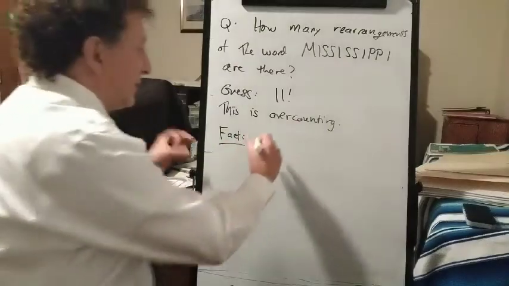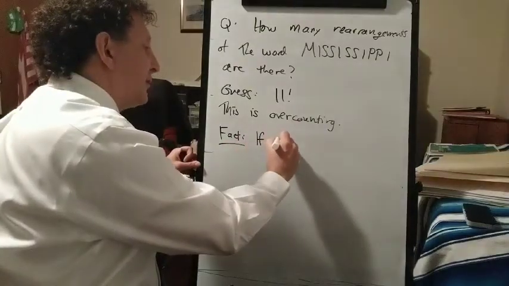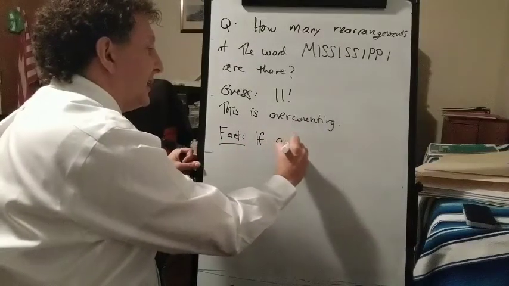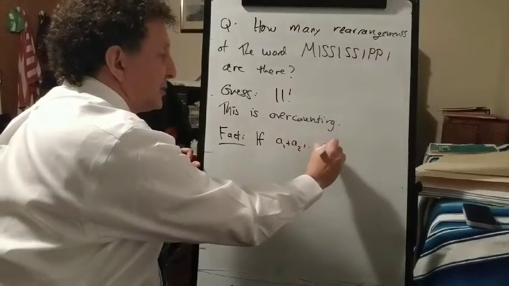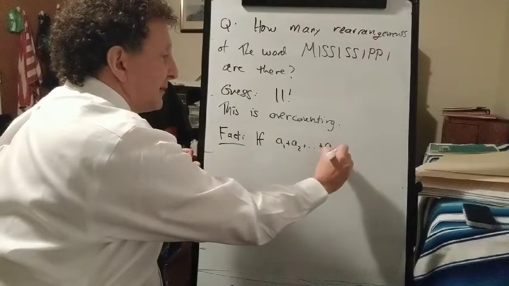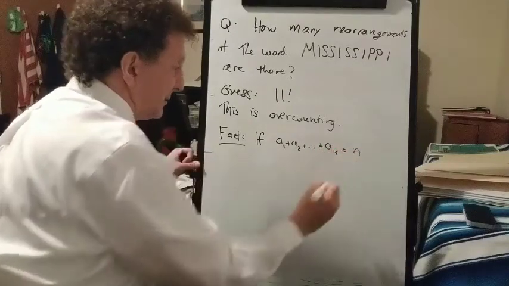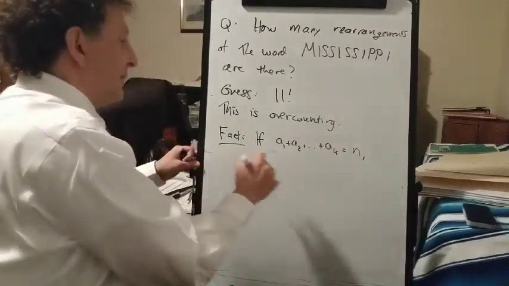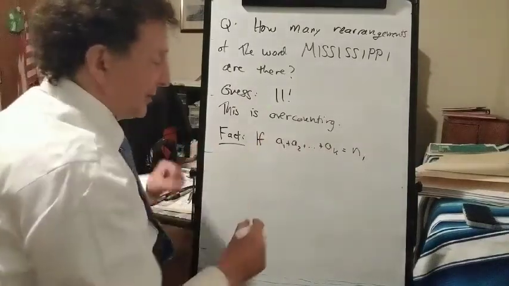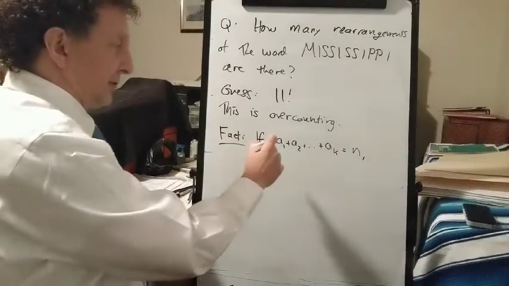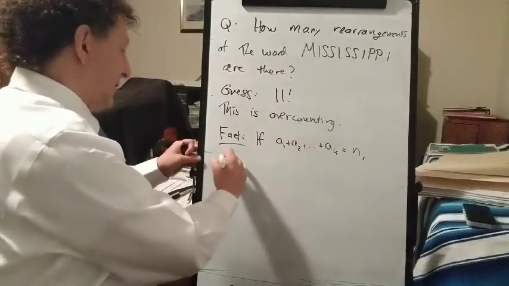And the rule is, if we have, let's say, A1, A2, a bunch of numbers, let's say k of them, that add up to n. So these are how many ones, how many twos, etc. are in a word with letters 1 through k.